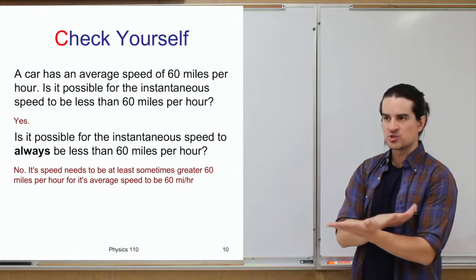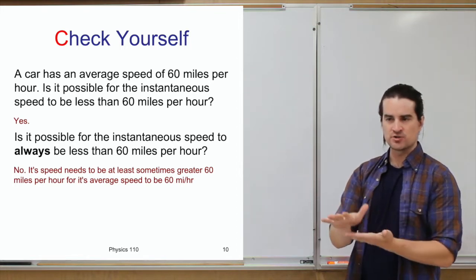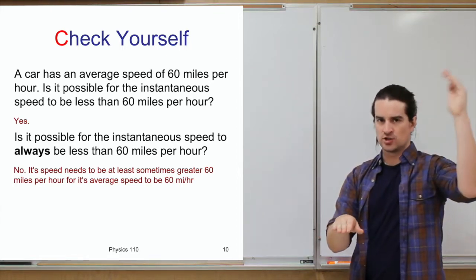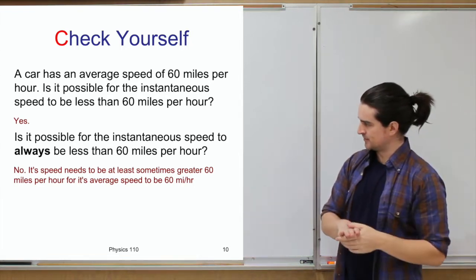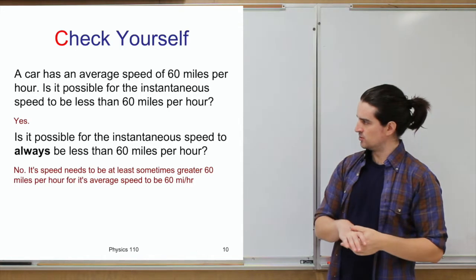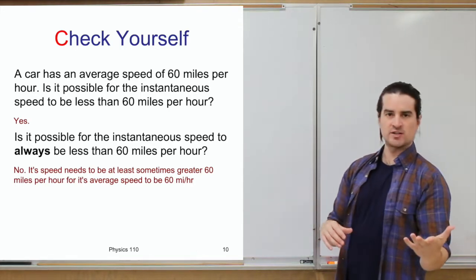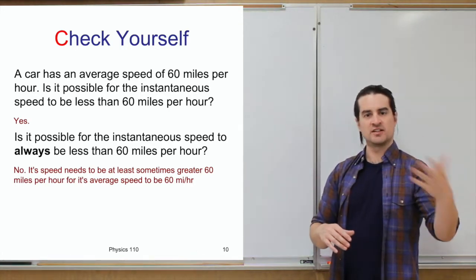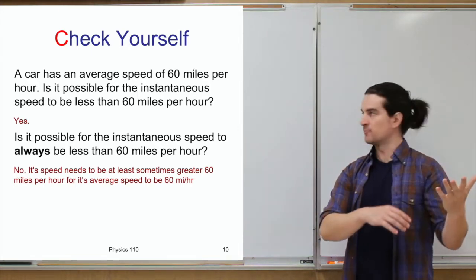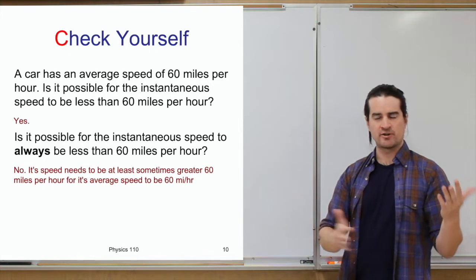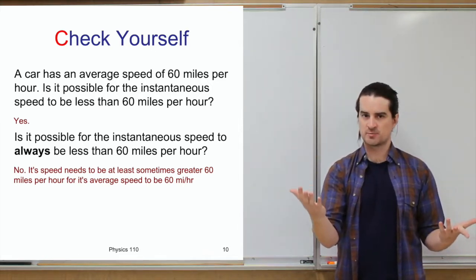So if you're always traveling at 25 miles per hour, there's no way that on average you're going to get 60 miles per hour. So if you're traveling slower than 60 miles per hour at some times during the trip, for your speed to average out to 60 miles per hour, that means you have to have traveled faster than 60 miles per hour at some points too.